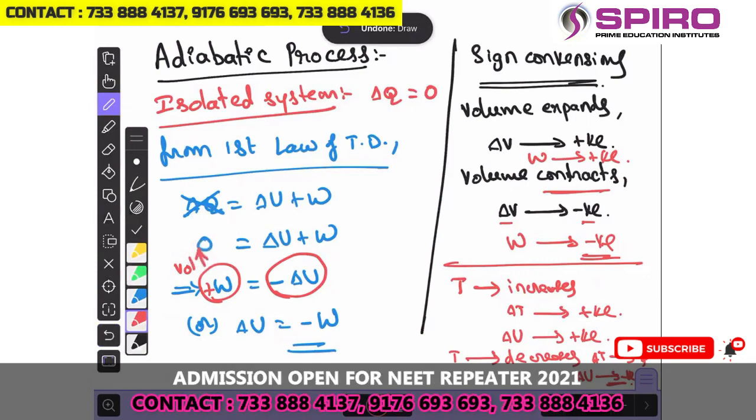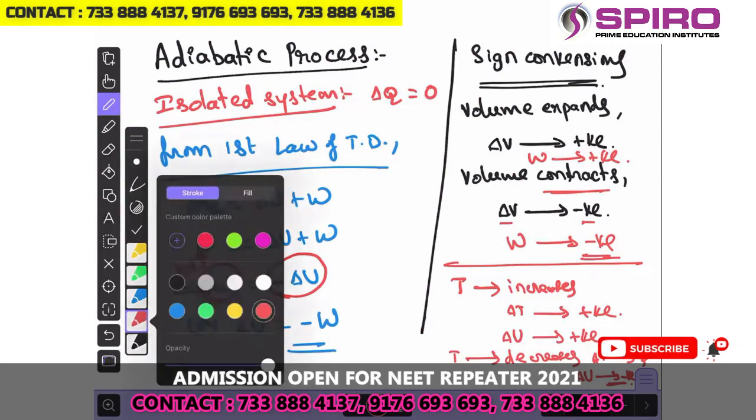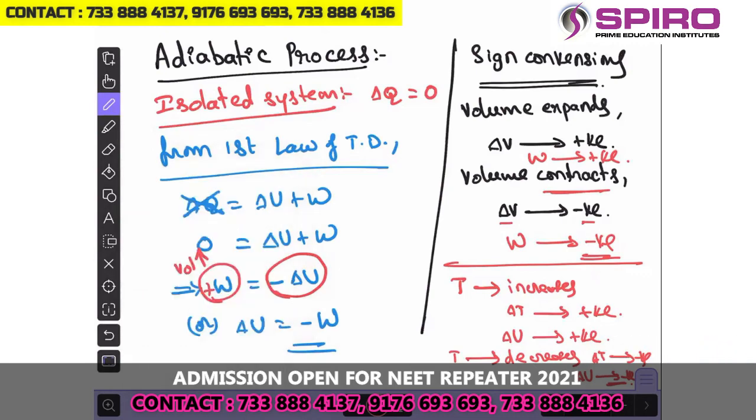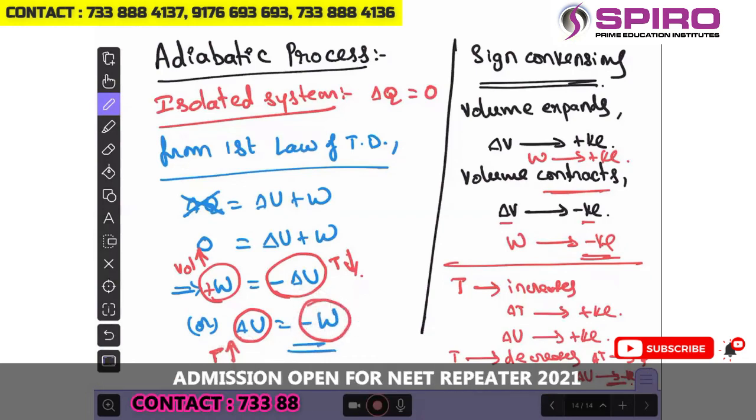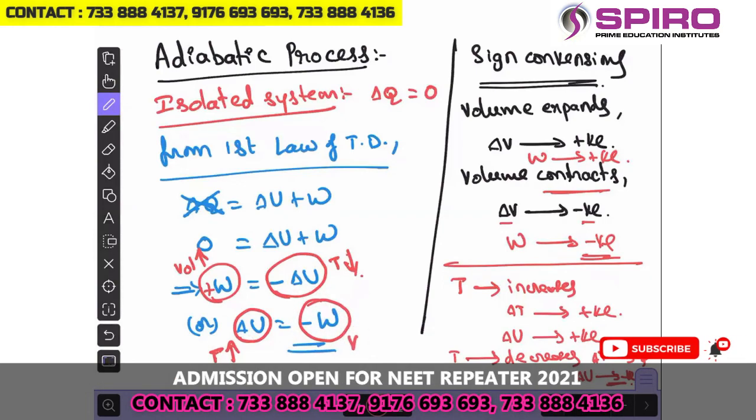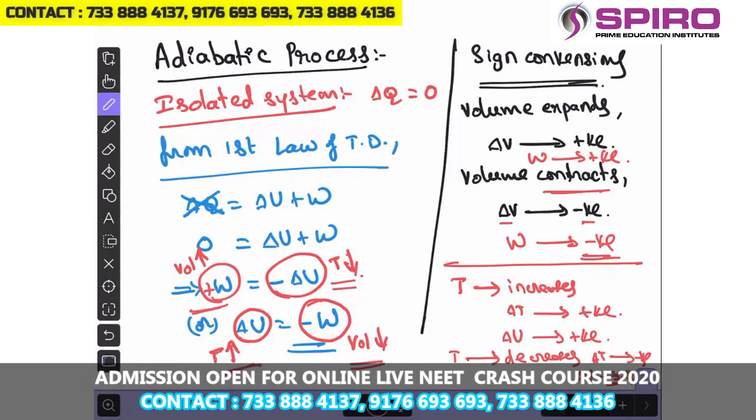Internal energy negative means temperature decreases. And here delta U is positive, that means temperature increases, and work done negative means volume is decreasing. These are the conventions we can follow regarding the adiabatic process.